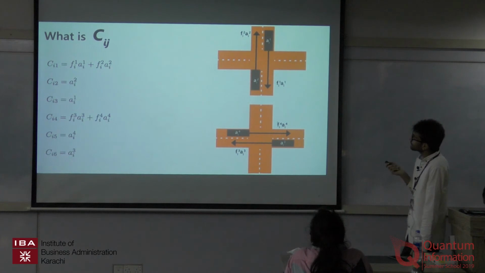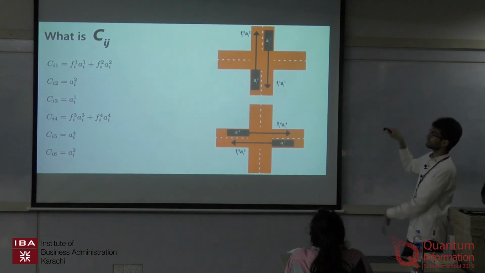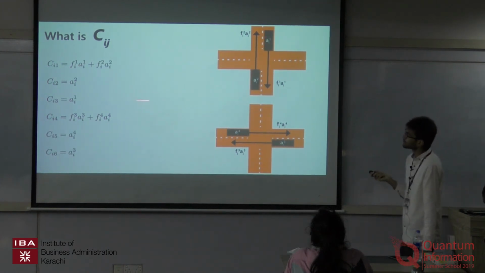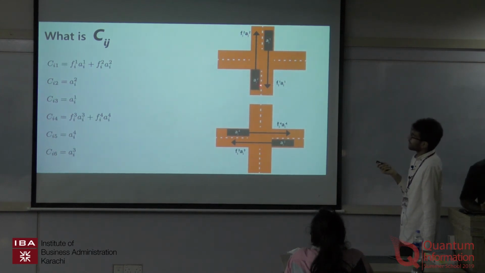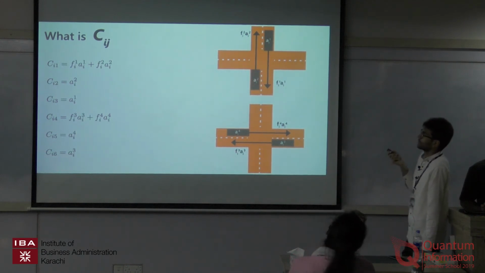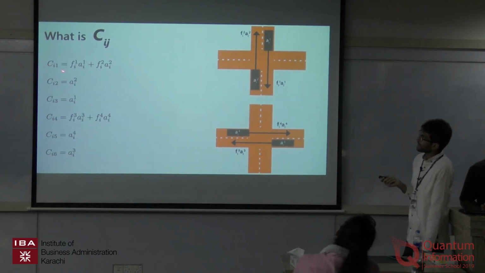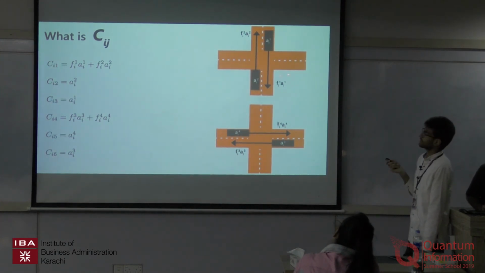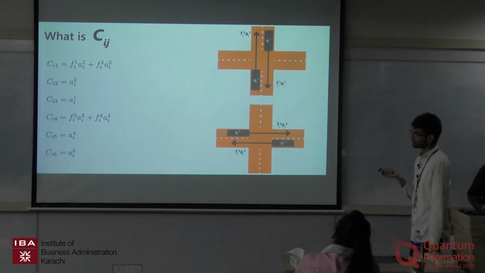So we define this fraction fi1 that when we multiply it with Ai1, it gives us the amount of cars that want to go down the road. Similarly, we have fi2 Ai1: when we multiply this fraction fi2 with this, we get the amount of cars that want to go up the road. So Ci1 basically is the amount of cars that will get cleared if mode 1 is active at this intersection.